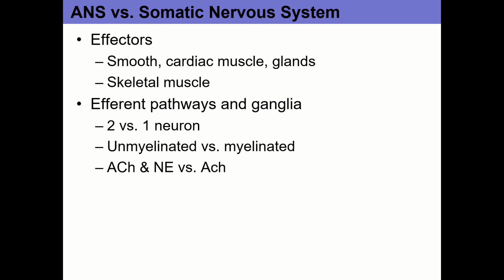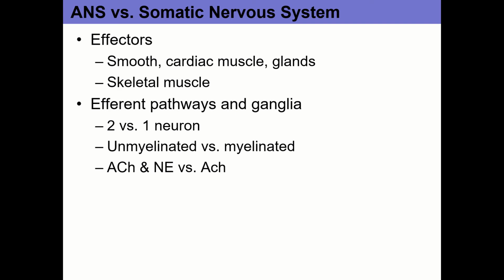So acetylcholine then is the neurotransmitter of the somatic nervous system, right? So that's what all those alpha motor neurons are going to release, acetylcholine. When acetylcholine binds to the muscle cells, it causes them to depolarize, causes muscle contraction. As opposed to, on the autonomic side of things, most of the neurons use acetylcholine, again, that ACh.